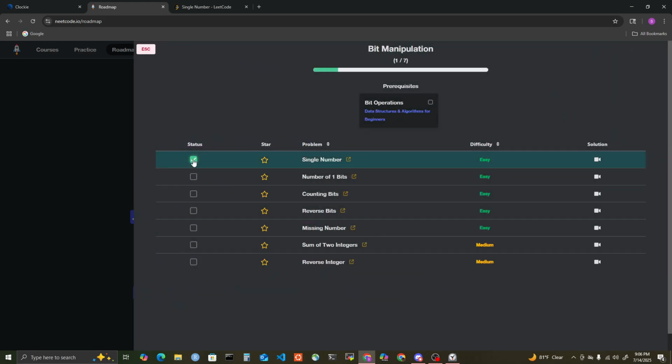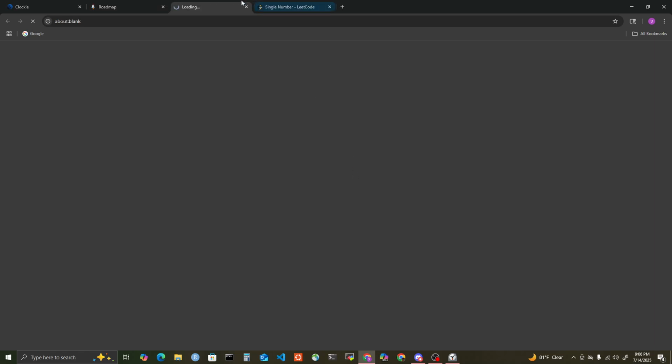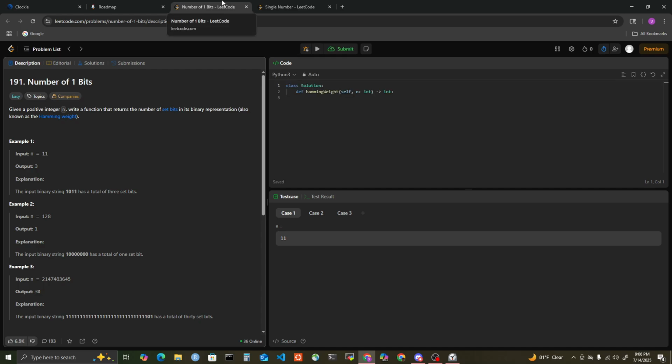Basically that means if there's nothing, then there's nothing. If there's one of them, then there's one of them. If there's two of them, then there's nothing. You can kind of imagine it as a mod of two for that instance, but I don't know if that makes sense or not. Okay, we're gonna continue on.